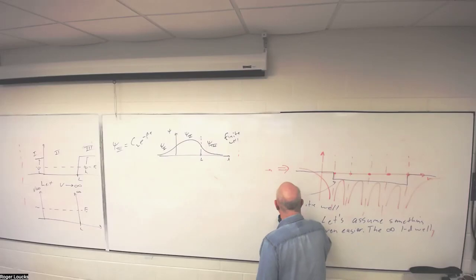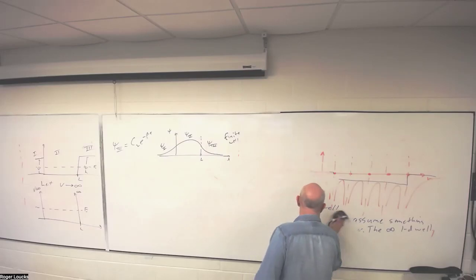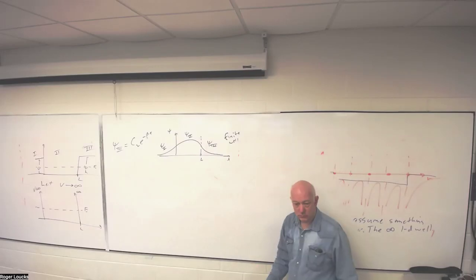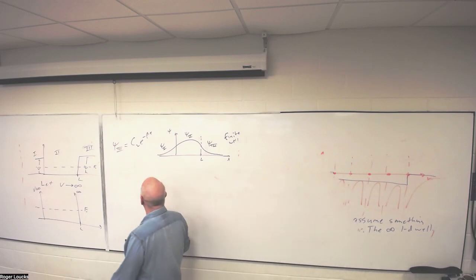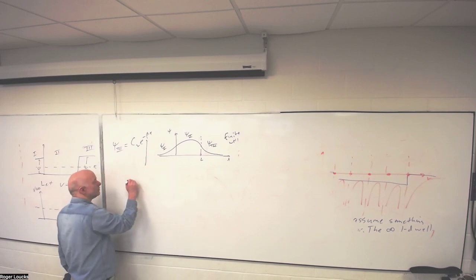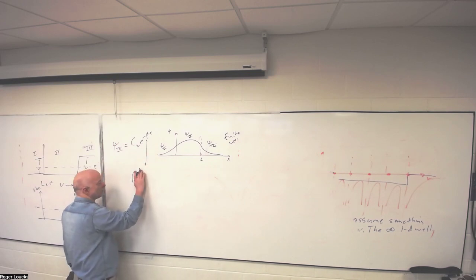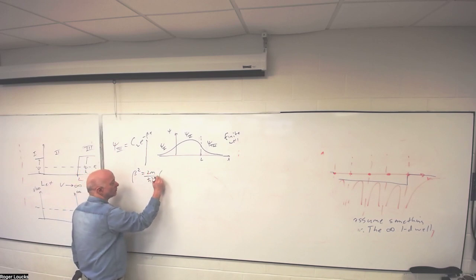Now, what happens if our V goes off to infinity? Remember how we had beta squared? Was this 2m over h bar squared, V minus E?